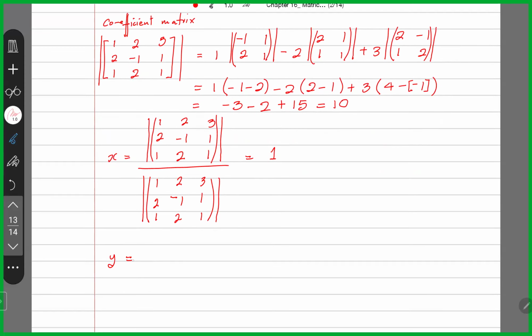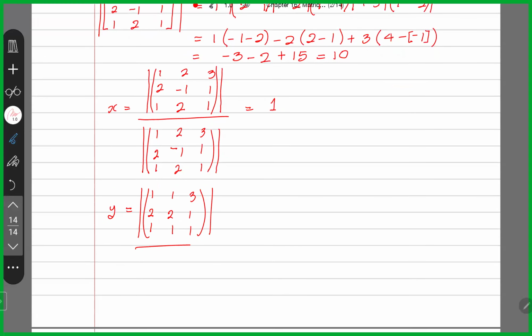Y would be equal to, you're going to replace the y coefficients with 1, 2, 1. So it's 1, 2, 1, 1, 2, 1, 3, 1, 1. Earlier we said something, I hope you are all listening.